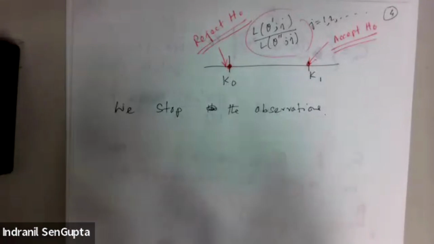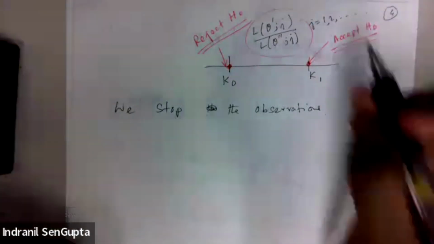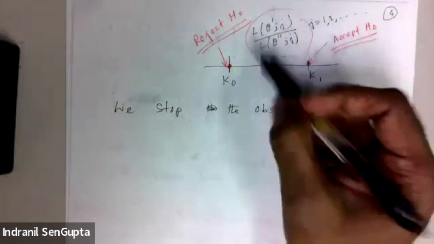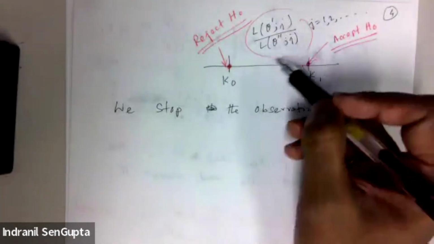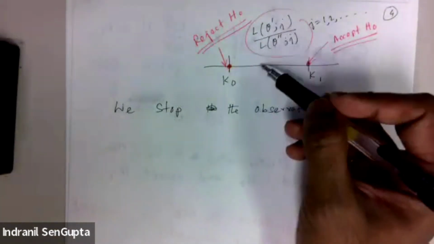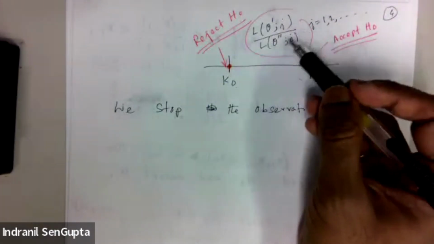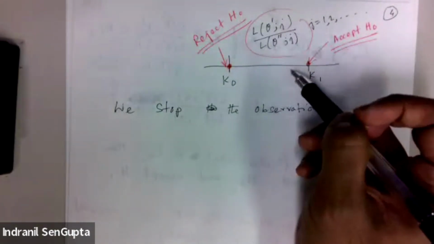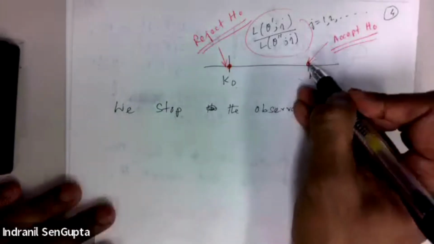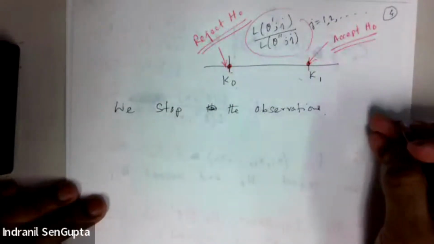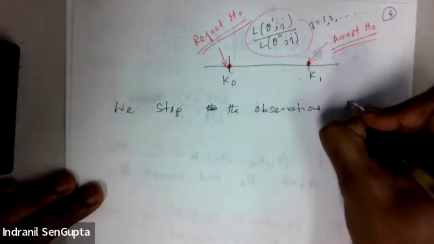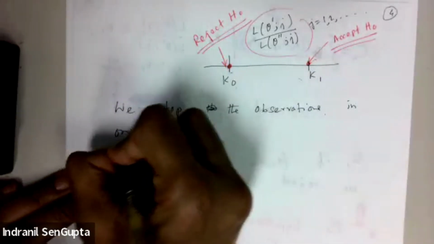What do you mean by stop? Every time we get an observation, maybe xj, we compute this. If it's in between these two, then we go to the next one. If it's again between these two, we go to the next one. So we only stop as soon as it hits one of these two endpoints. So we stop the observations in one of two ways.